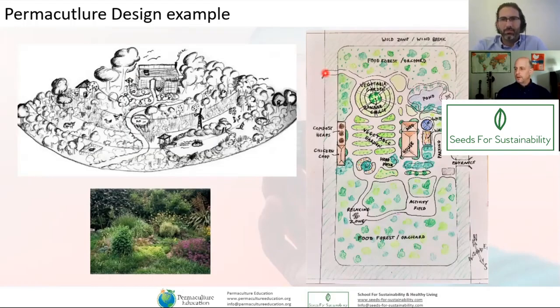And you can see all those different elements are located specifically to reduce human work and to have one element feed into another. So you can see where the compost and the chicken coop on the left are located right next to the vegetable garden. There's a reason for that.